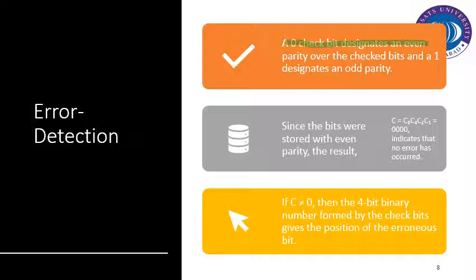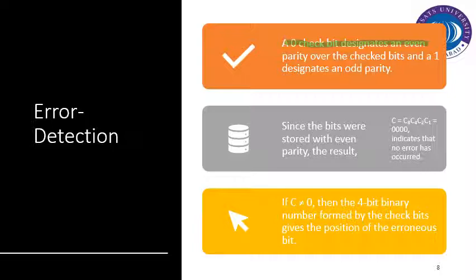Since the bits are stored with even parity, the result is C1, C2, C4, C8 equals 0, 0, 0, 0. Basically, if we are storing the number with even parity, we are computing the number of ones stored in the number, and their quantity should be even. If we perform the exclusive OR operation of these respective checker bits with the parity bits and the result is 0, 0, 0, 0, that indicates that no error has occurred.